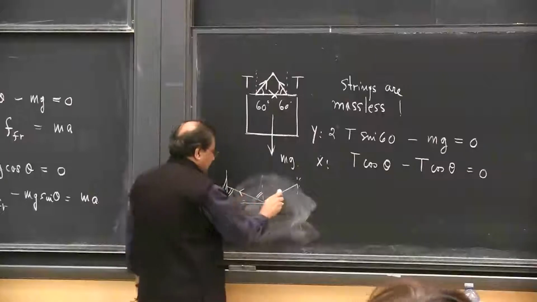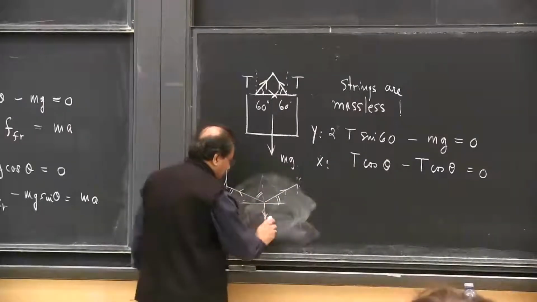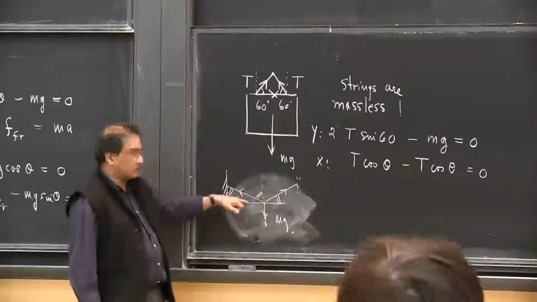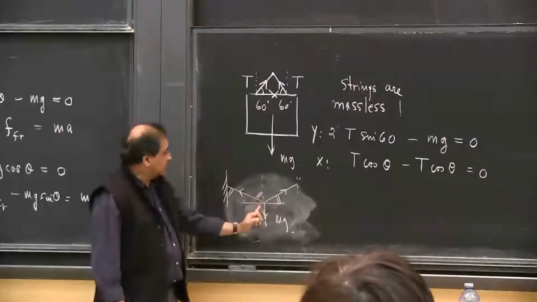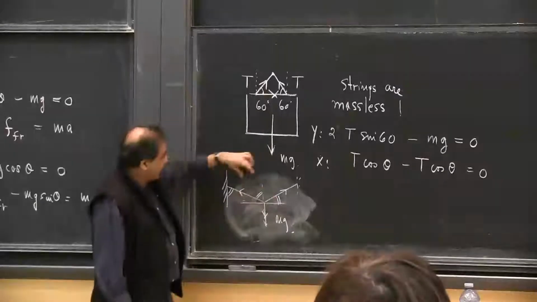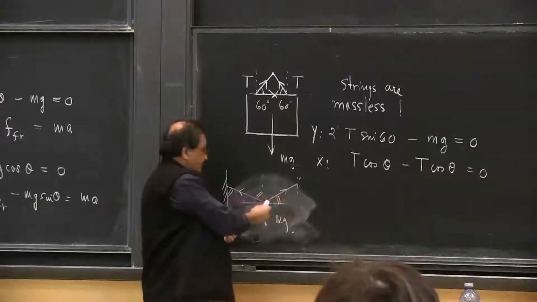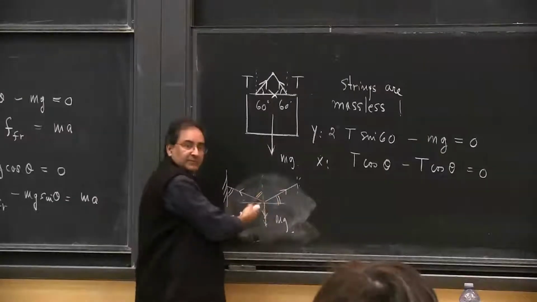So you have a tension here and a tension here and an mg here, and you can resolve this tension into a vertical piece and a horizontal piece. Resolve that tension into a vertical piece and a horizontal piece. Add the two vertical pieces, balance it with this. The horizontal pieces must cancel out because this thing is not accelerating to the left or right.